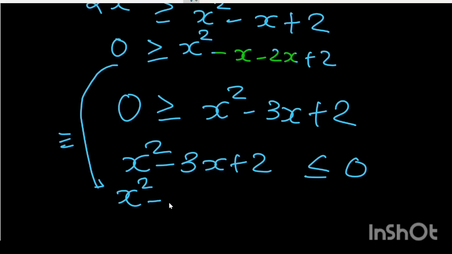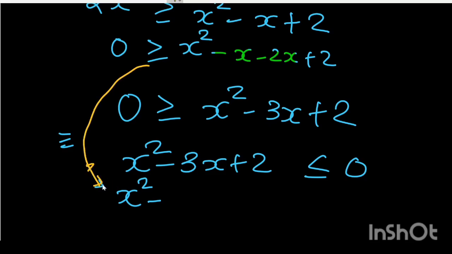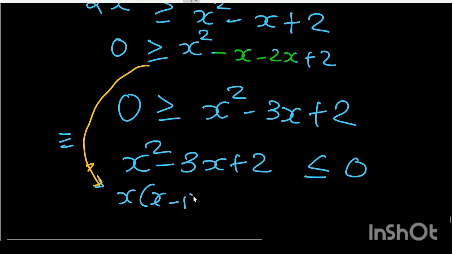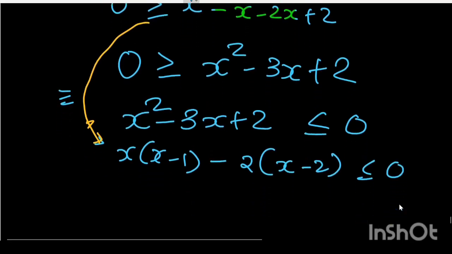Anyways, here itself we can factorize it. Take x common, so it will be x minus 1, then minus 2, so x minus 2, less than or equal to 0.